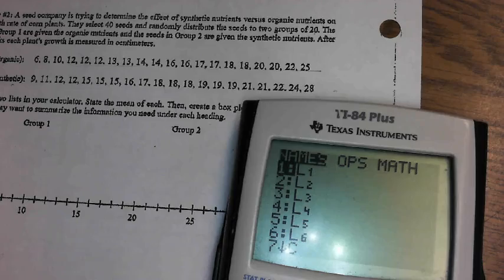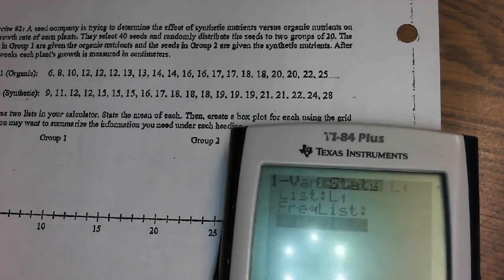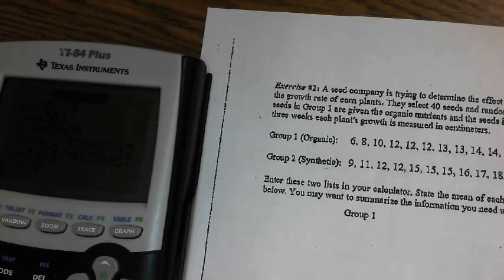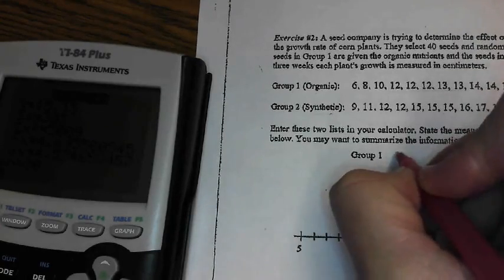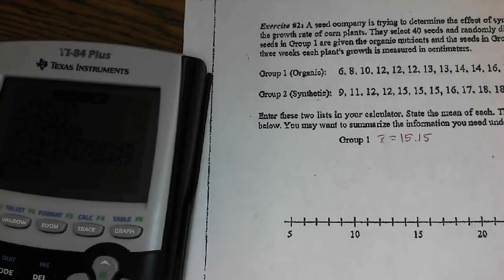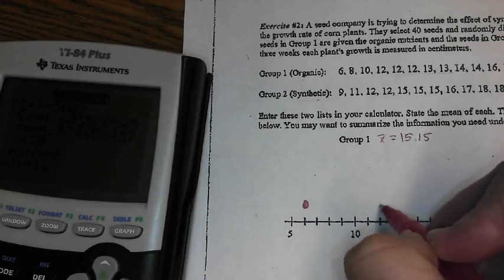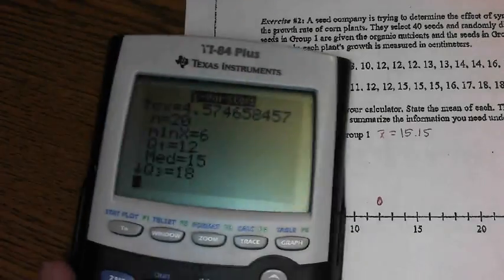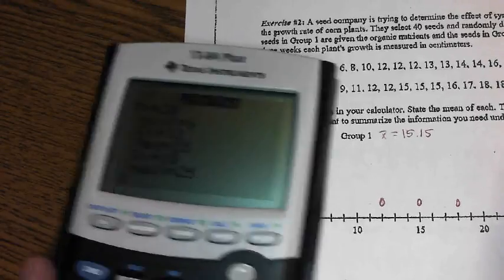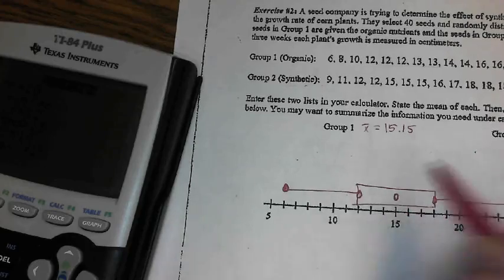And then I'm going to crunch my numbers on that. So stat, calc. Okay, so group 1, which is organic, had an average of 15.15 centimeters grown. And for their box and whisker plot, the minimum was 6, 12 is their Q1, 15 was their median, 18 was their upper, and 25 was their highest. So this is the organic.